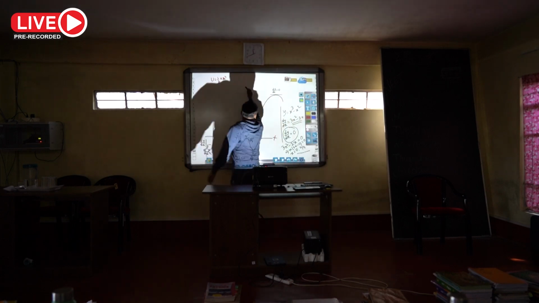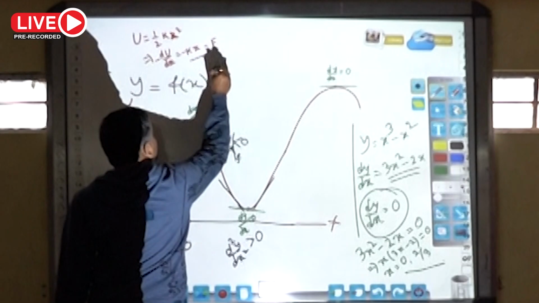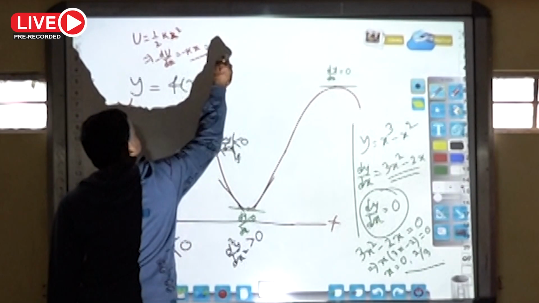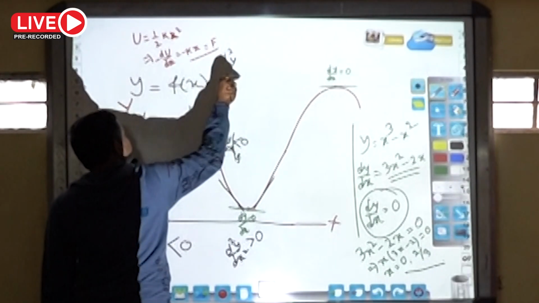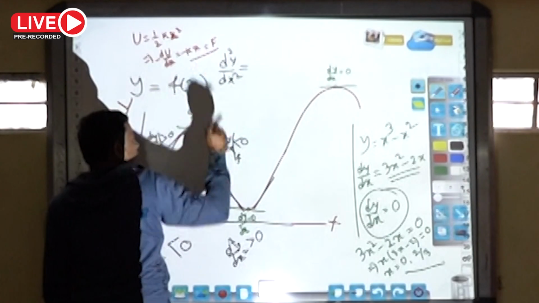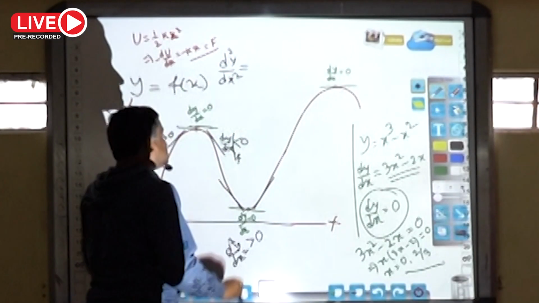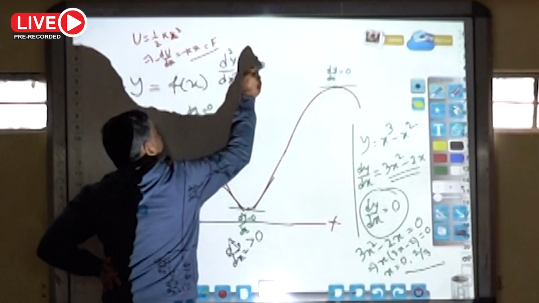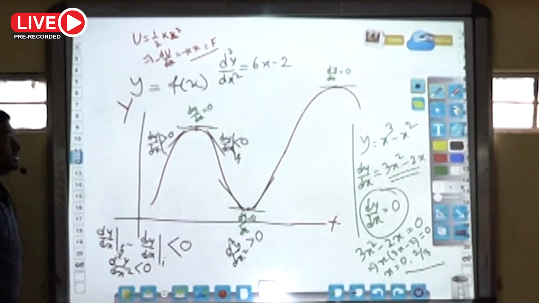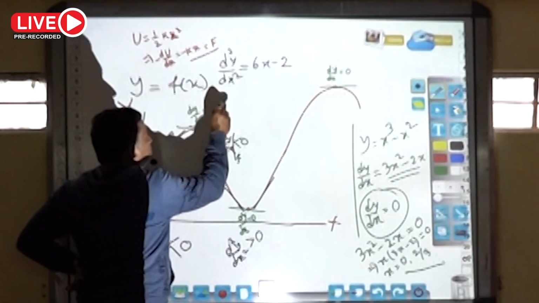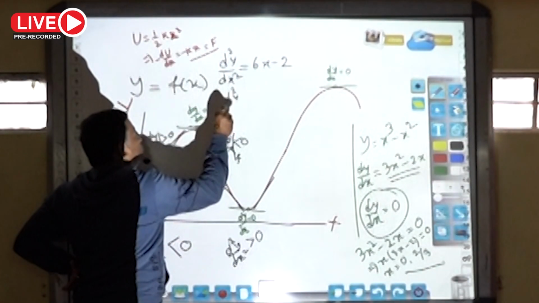So the double derivative of this function, d2y dx2, is equal to 6x minus 2, right? Now check the double derivative sign for two values.